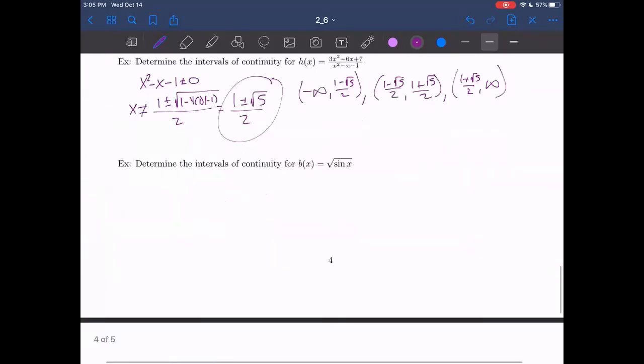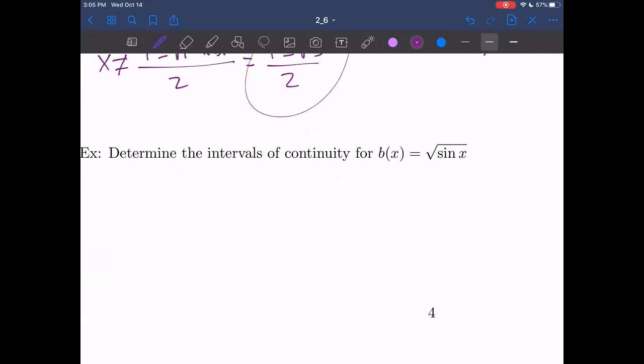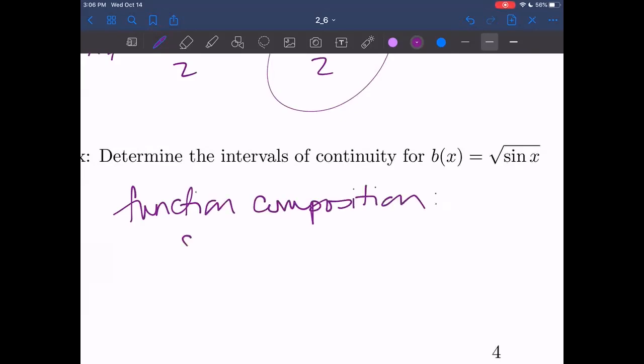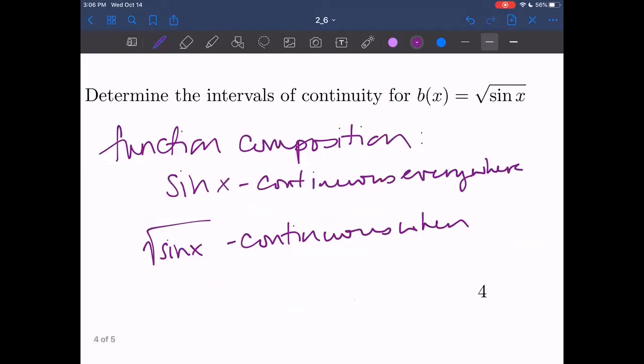We can also be asked to determine the intervals of continuity for this. We see we've got function composition. Sine of x is continuous everywhere. And then the square root of sine of x is continuous when sine of x is greater than or equal to 0.